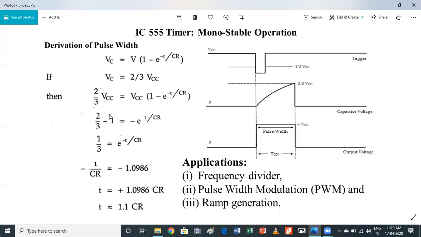And then we can simplify this. The VCC gets cancelled, and 2 by 3 comes here, 1 minus, so that is minus 1, and finally it becomes minus t by RC equal to minus 1.0986.